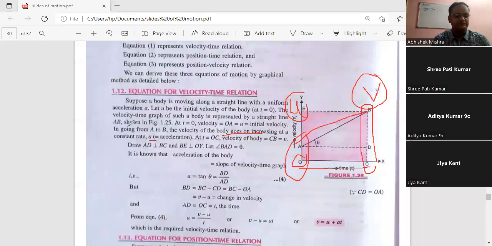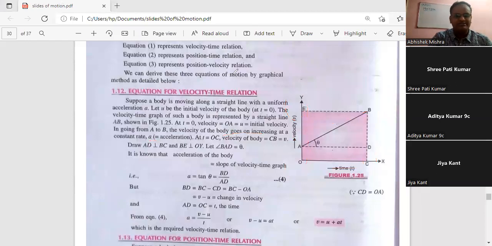Okay, Shripati said to repeat this once again. No problem, students. Jyoti said something else, but no, Jyoti, we have to take into account parallel to the y-axis. Now see, once again. That's why I'm asking you in between.